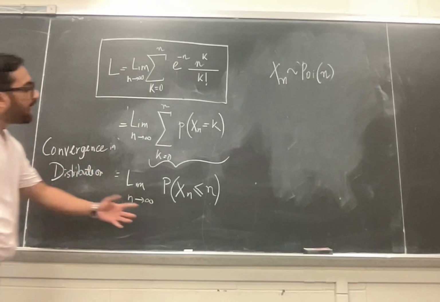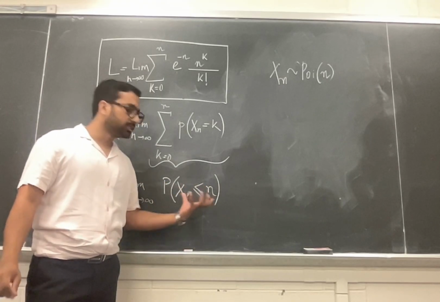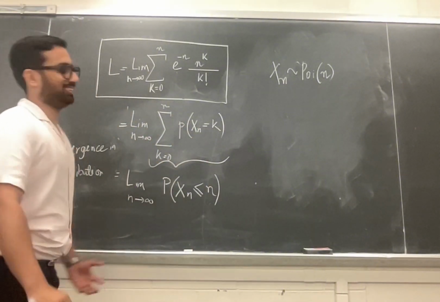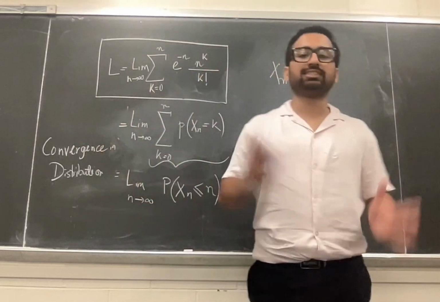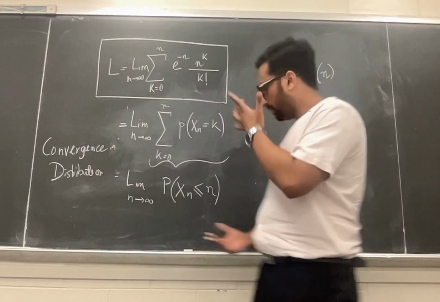This is asking what this quantity is converging to in distribution. And the most famous result in convergence in distribution is nothing but the central limit theorem.